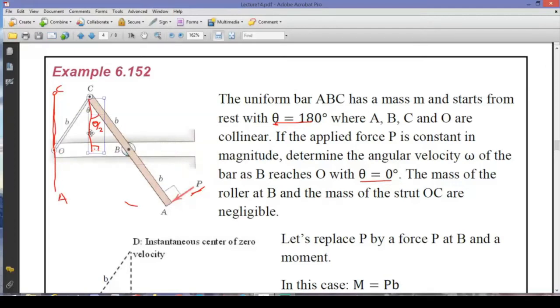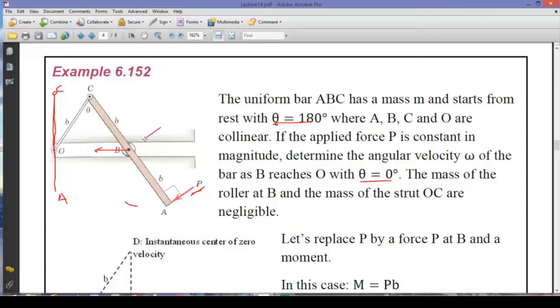use some other information, because point B on this link has only a motion in the x direction, the horizontal direction. Now, this horizontal motion of point B can be used, but then I need to move this force to point B. And this is some knowledge that you should already have from your statics course.